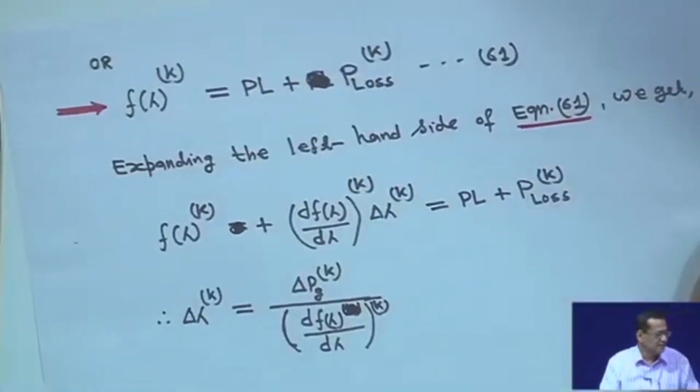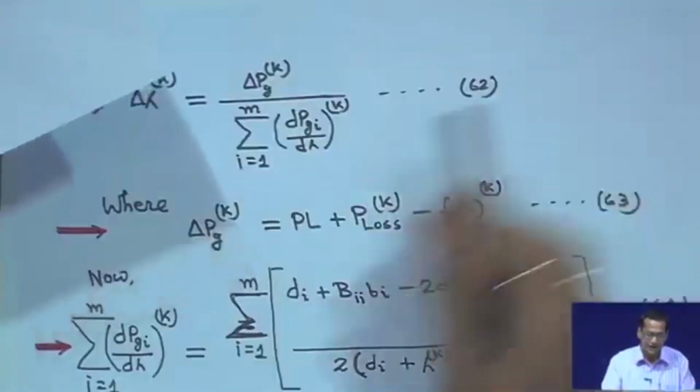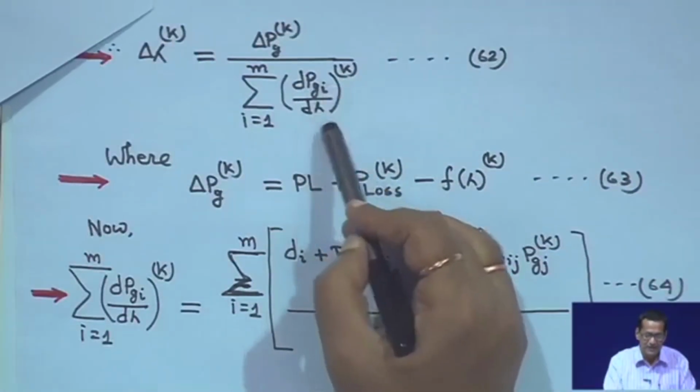Therefore, delta lambda k we can write as delta Pg k upon df lambda by d lambda k.